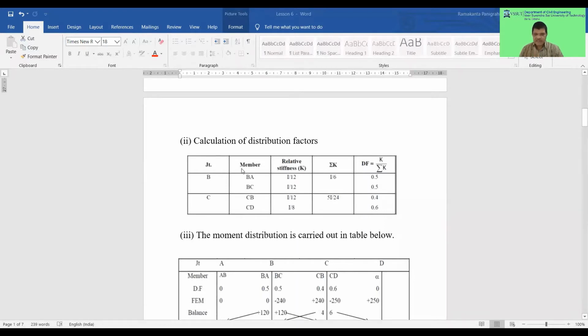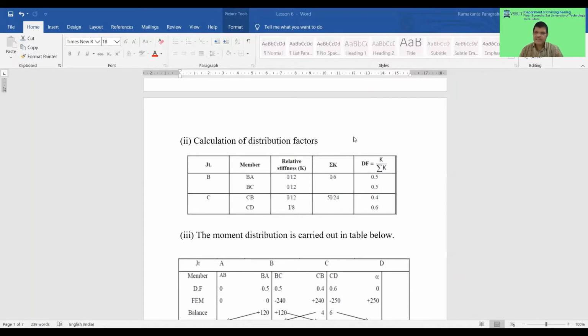For the calculation of distribution factors, you have to go to each joint. As you have already seen, for a fixed end like joint A and joint D, the value of the distribution factor is equal to 0, and it is 1 for a simply supported end.